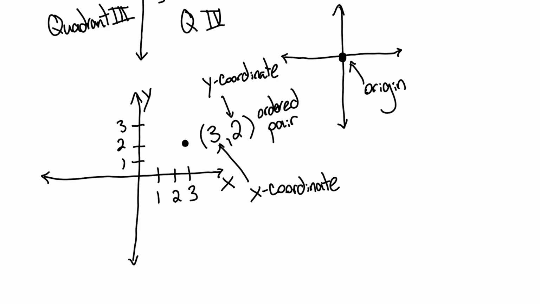So it's a pair of numbers with an order to it, right? You do the x first and the y second. Okay. So ordered pairs will have the general form x comma y. Okay. So we use this parentheses notation to represent it.